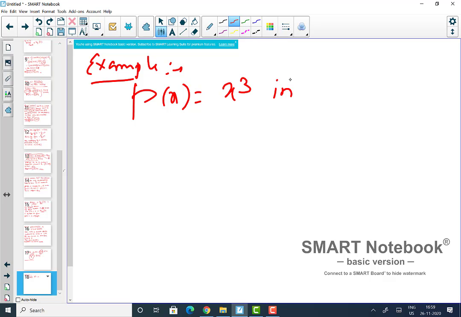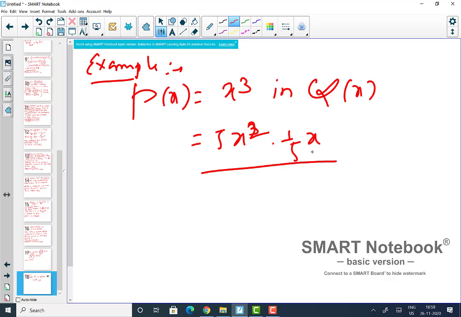And then in q(x), you have the factor, say, 5x cube, 5x square, into 1/5 into x. Okay, so this is a factor in q(x), right? Now you see that obviously it's reducible, so you can have factors, but there will be no such factors.